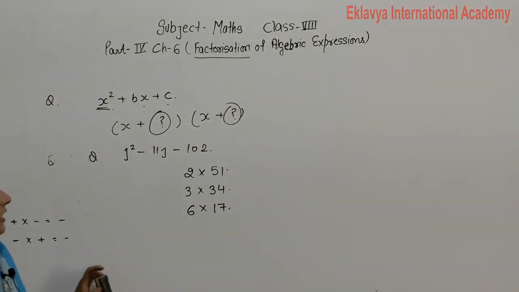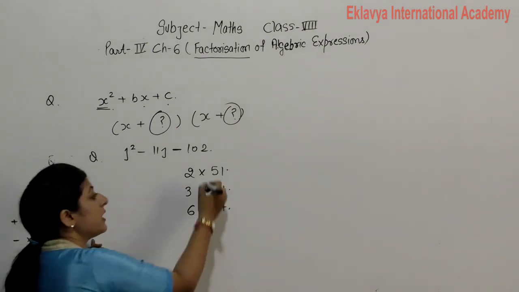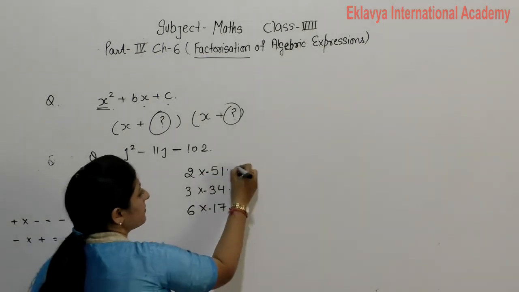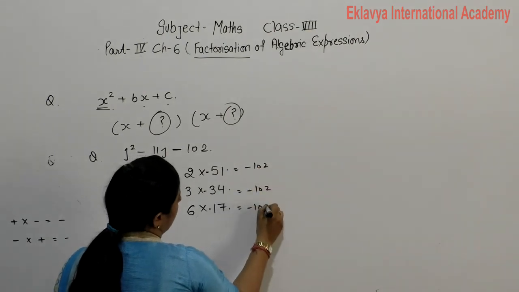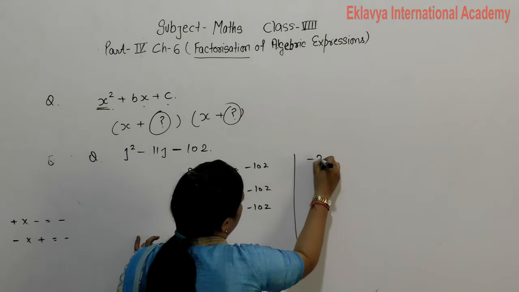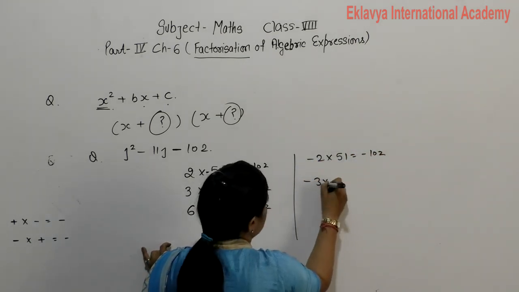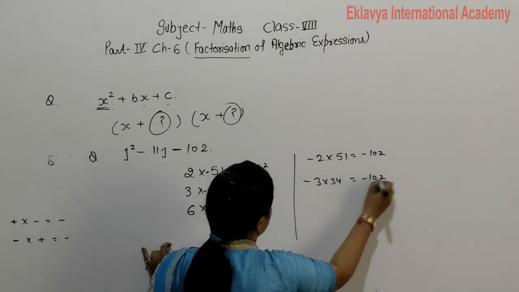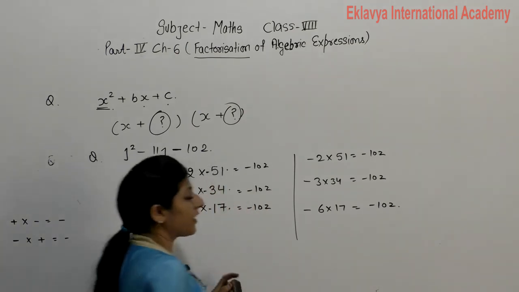Now see, we need minus 102, so maybe this form, or maybe minus 2 into 51, minus 3 into 34, minus 6 into 17, this one.